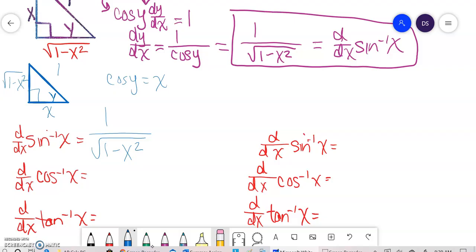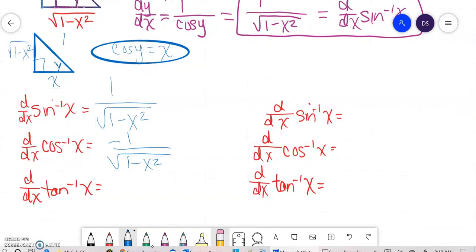If I followed that same process and did implicit differentiation on this, I would get that the derivative of inverse cosine is negative 1 over the square root of 1 minus x squared. Interesting and cool, because the derivative of cosine is negative sine. So that's where that negative is coming from.